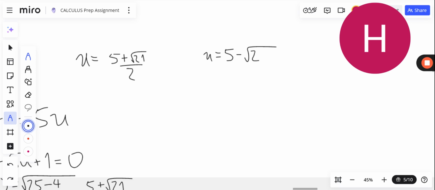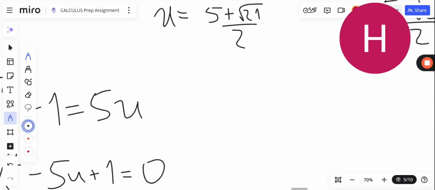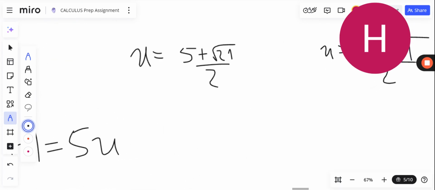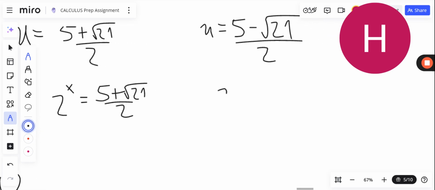Now we need to consider both of these because our solutions do not end with u. These are not our final answers. Remember, this is the substitution that we made. u is equal to 2 to the x. So really we have 2 to the x equals 5 plus square root of 21 over 2, and 2 to the x equals 5 minus square root of 21 over 2.